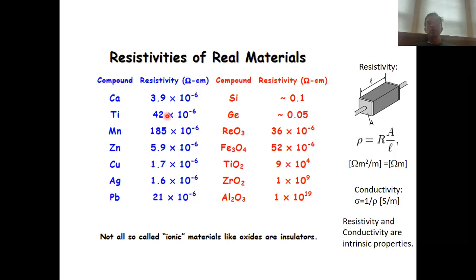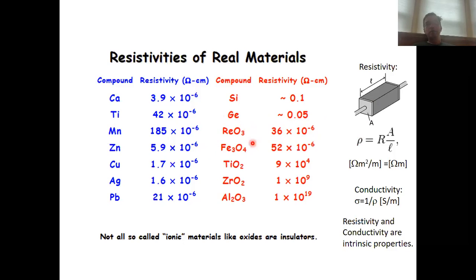Yeah, so that is a little bit counterintuitive, because we think, well, in an oxide we have an ionic structure, and in an ionic structure we naturally do not have much electronic conductivity. But you see, that's not always true. Here we have actually very low resistivity or very high conductivity for rhenium trioxide.